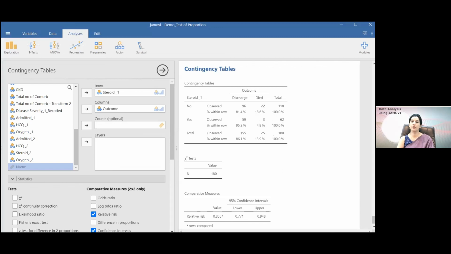And again, you have to see, in this case, it gives you with the higher category, this relative risk. So you can calculate this, and this is a homework for all of you. So this 81.4 will be in the numerator and 95.2 will be in the denominator. And so this gives you the relative risk of discharge in people who were taking steroid. Okay.